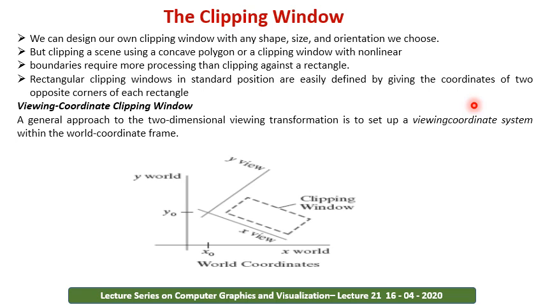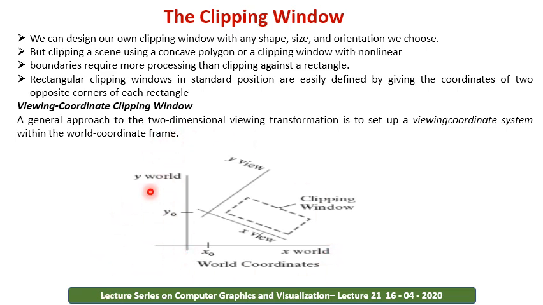So from the world coordinates we need to convert to the viewing coordinate system. To do that, you can see in the figure, world coordinates will be represented in the form of x world and y world in two dimensions.